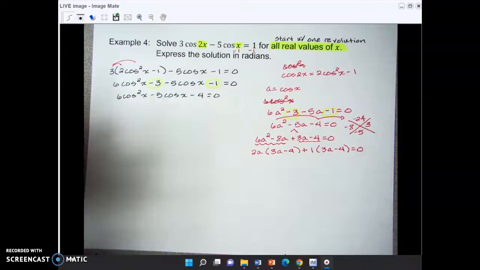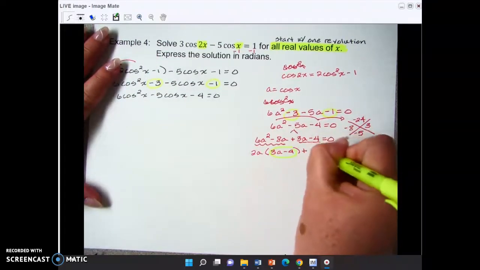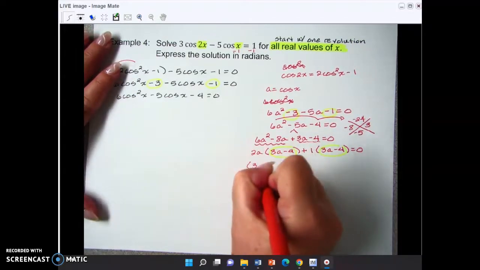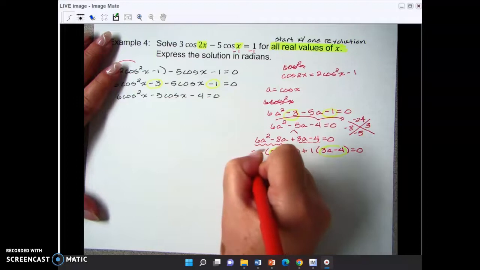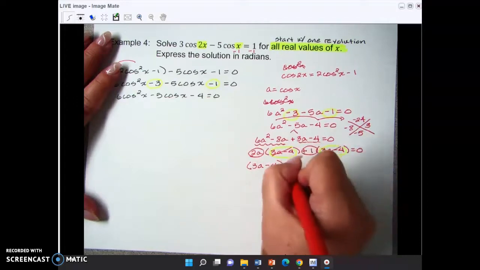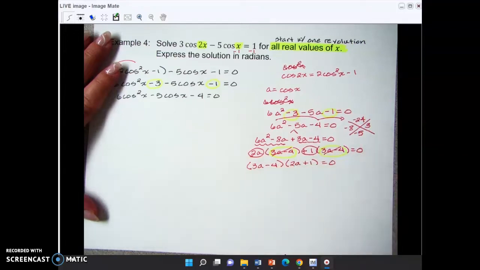So because my parentheses are the same, I'm going to factor that out. So we're going to get 3a minus 4, and we're left over with 2a plus 1 once we cancel these, equal to 0.